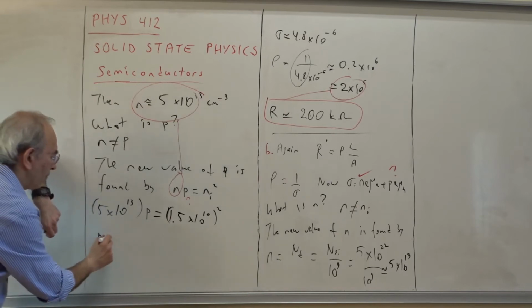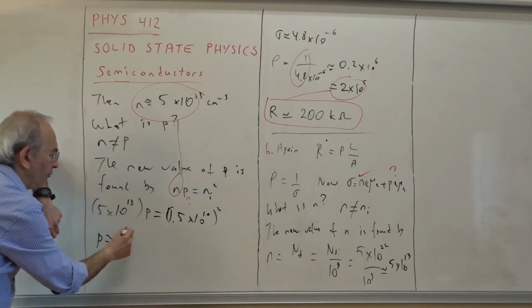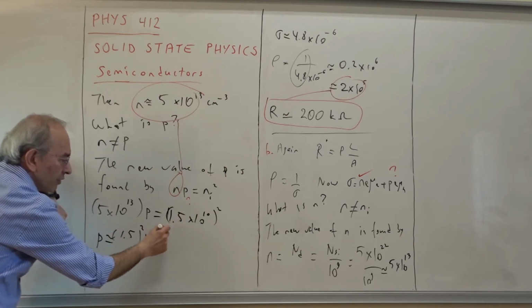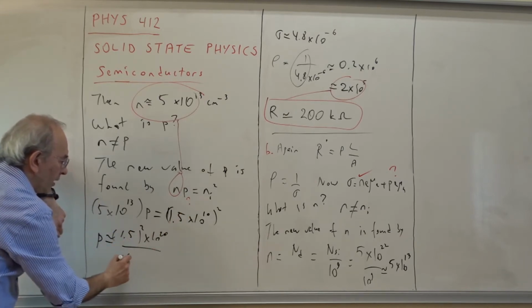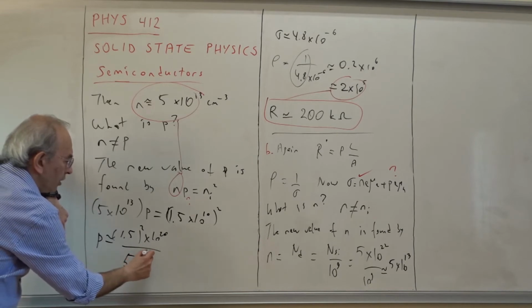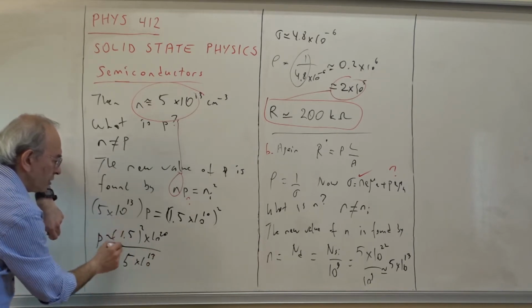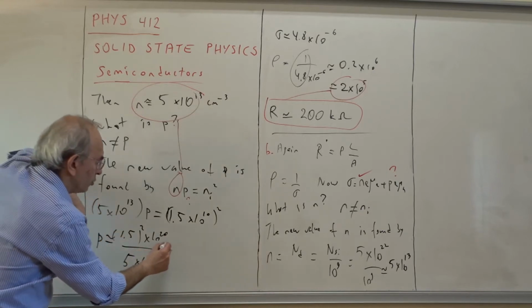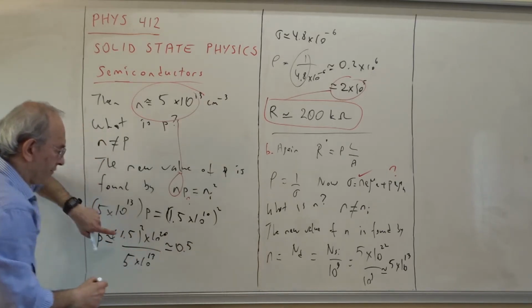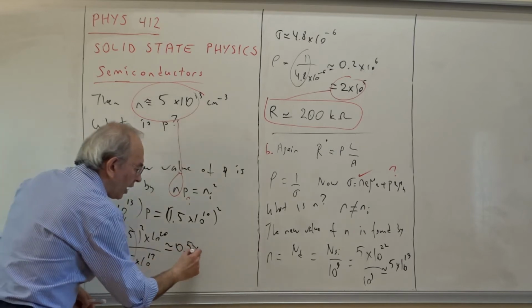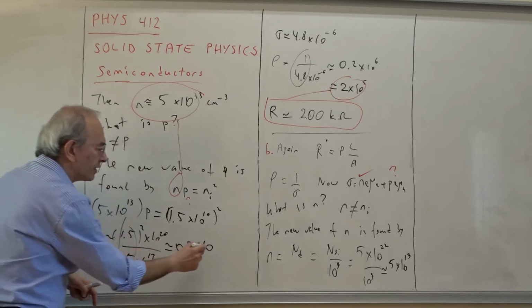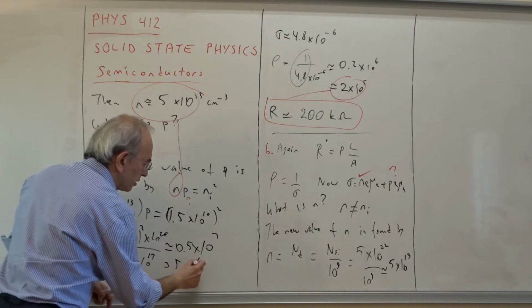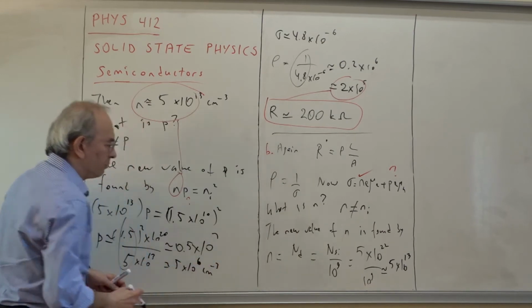So p is approximately 1.5 squared times 10 to the 20 after the squaring divided by 5 and 10 to the 13. So this is approximately 2.2 over 5, approximately 0.5 for this part, times 10 to what? Only 7. So it is 5 times 10 to the 6 per cubic centimeter.